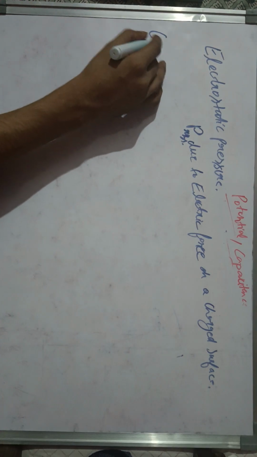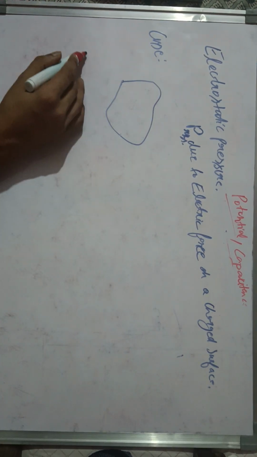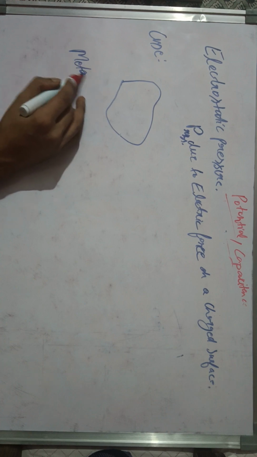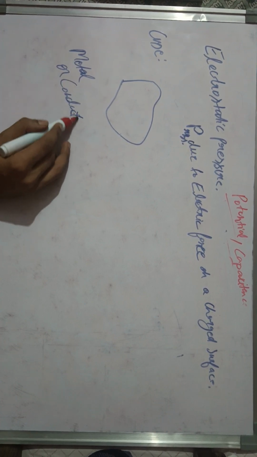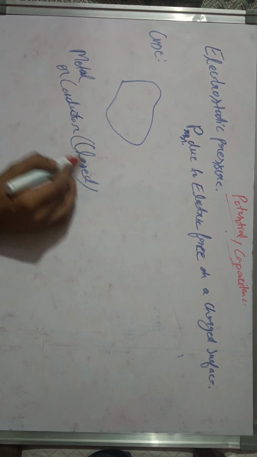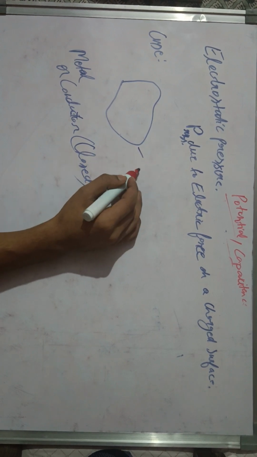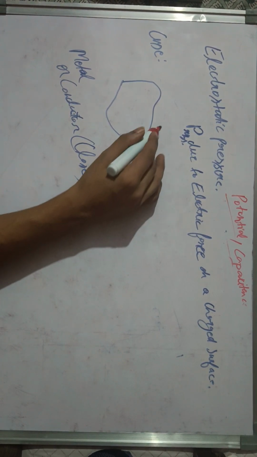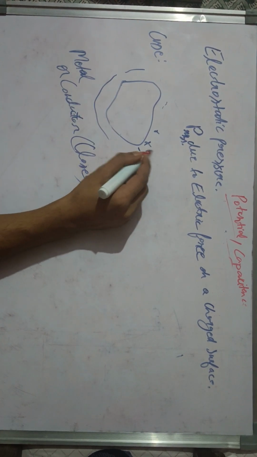Now we study one important type of case here: when there is a conductor, a metal conductor that is closed, and it is given some charge, let's say q, then it gets spread all over the surface with different sigma charge densities.